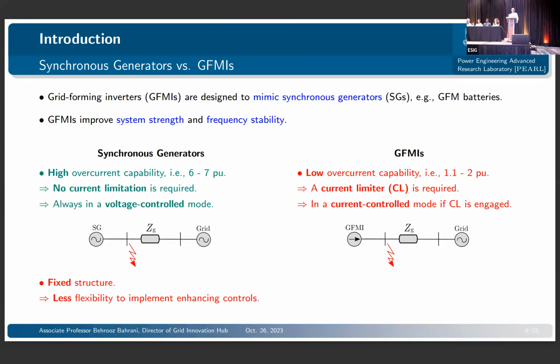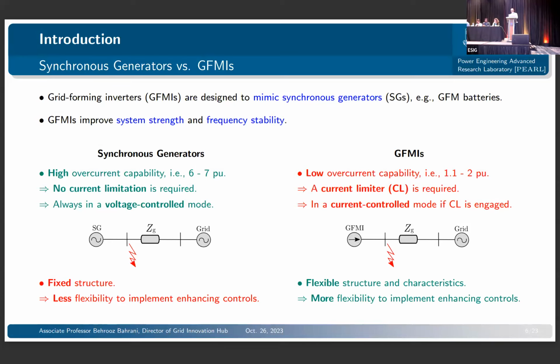GFMIs, on the other hand, typically you need to regulate the current. You need to make sure that the current is not exceeding a limit, which is typically anything between 1.1 to 2 per unit. And typically we engage some sort of current limiter as soon as we are hitting a particular limit that is essentially the limit of your semiconductor switches in your grid forming inverter. Now, this is not great.